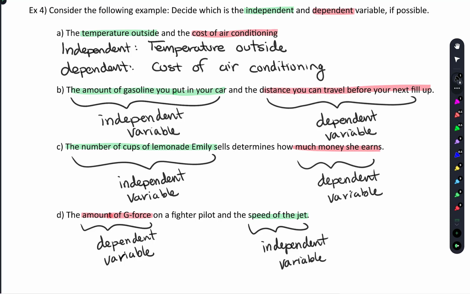And then the last one there is kind of flipped on us, right? So the G force, so the amount of gravity force that we experience depends on how fast that fighter jet is flying, or the jet is flying. Okay, so we can see that there is a relationship between the speed of the airplane and how much force I experience. The faster I go, more force.